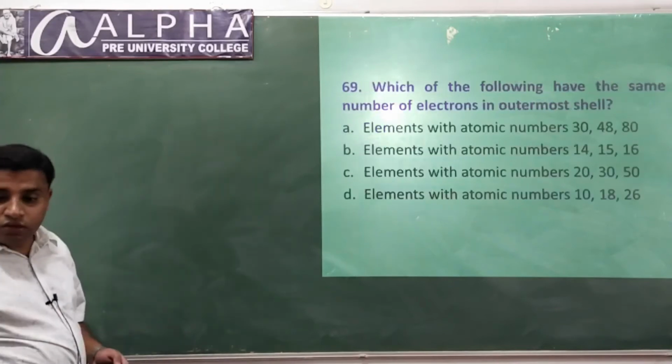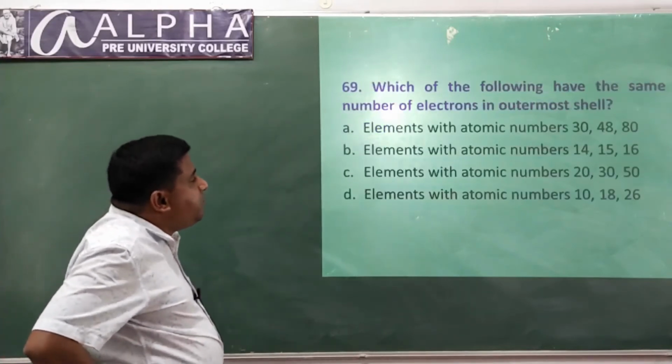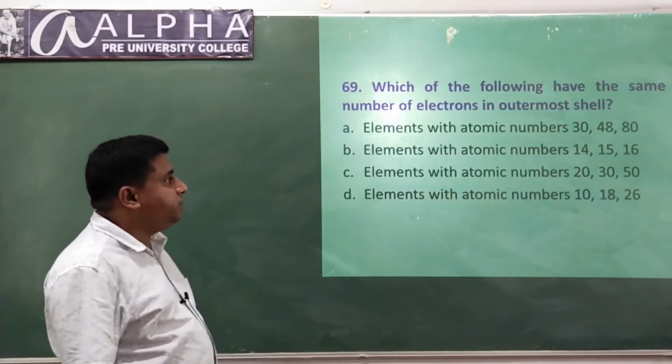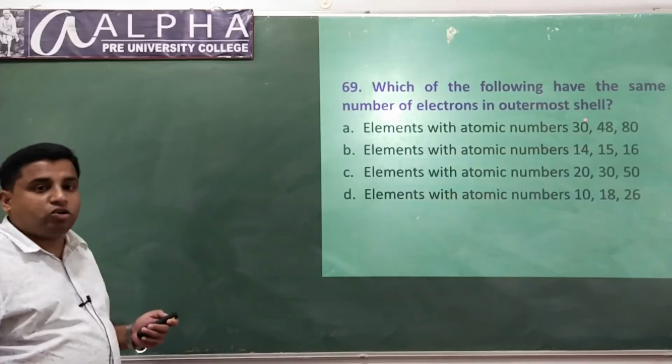Yes, we shall go with the next question. Which of the following have the same number of electrons in the outermost shell? Which of the following should have the same number of electrons in the outermost shell?